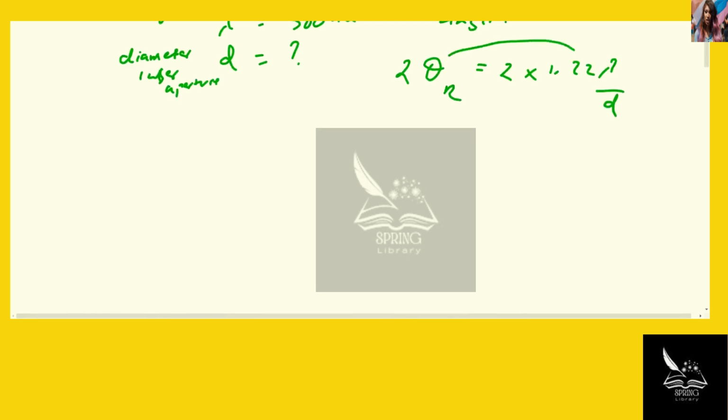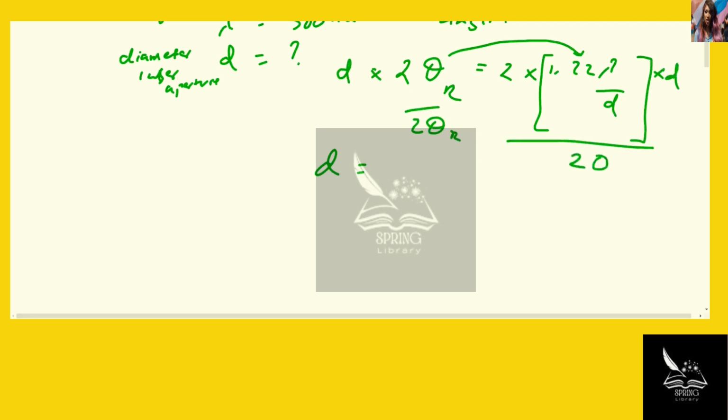You can see there's a relationship between that angle and this value right here. We can simplify for d through cross multiplication, multiplying both sides by d and dividing both sides by 2 theta r.